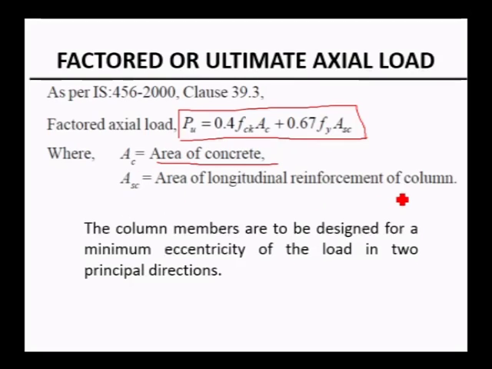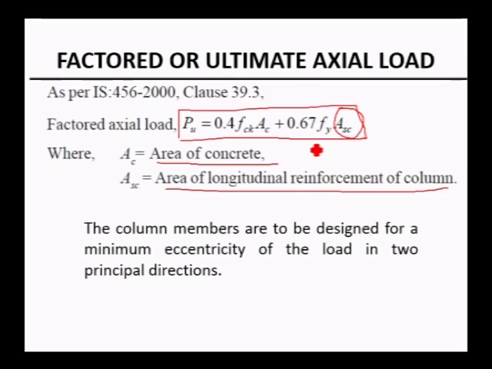Area of the concrete means the gross area, meaning the size of the column, minus the area of the steel. If you subtract the area of the steel, you will get the area of the concrete. Asc is the longitudinal reinforcement. Longitudinal reinforcement is the main reinforcement.